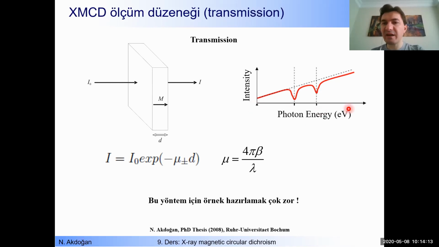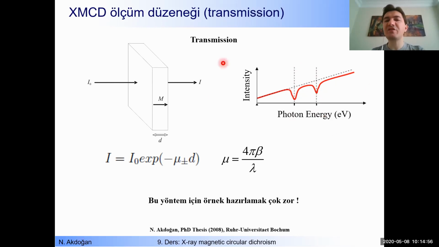If you scan the energy around the absorption energies of the material element within that sample, so around L3 and L2 energies, the absorption will be maximum and the incoming photons will be absorbed. They will be converted to photoelectrons, fluorescence X-rays, and also Auger electrons, okay? Then the transmitted number of photons will be less than the incoming number of photons, and this absorption will be maximum around the L3 and L2 edges.